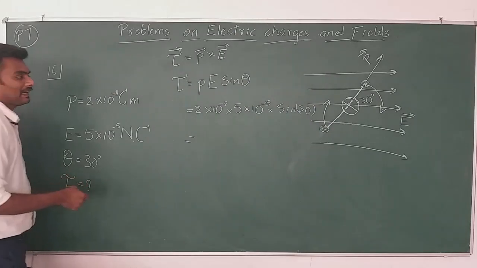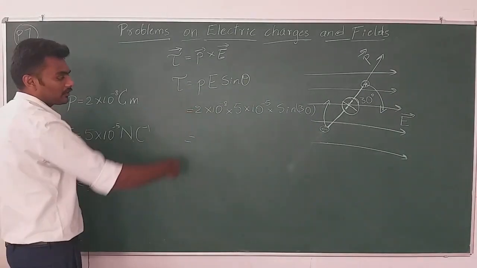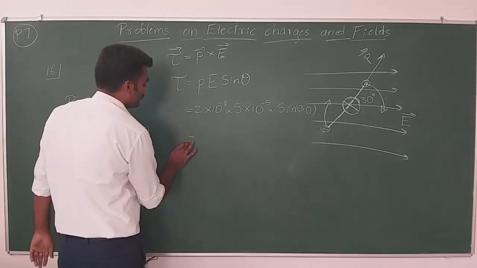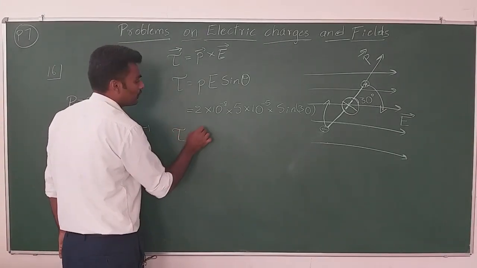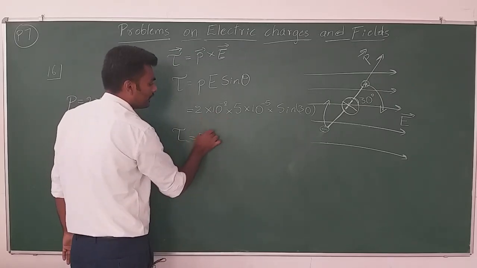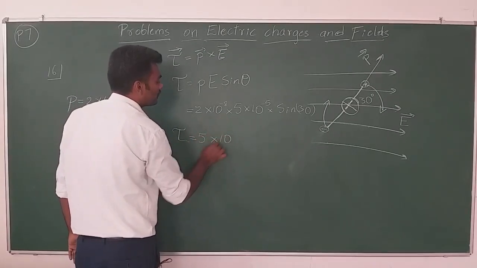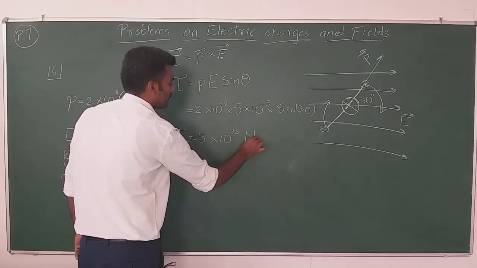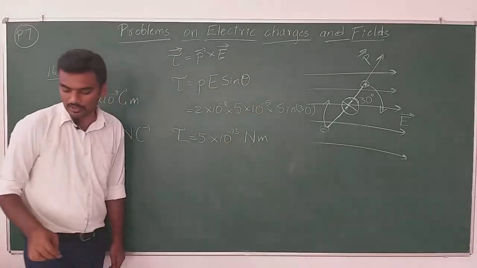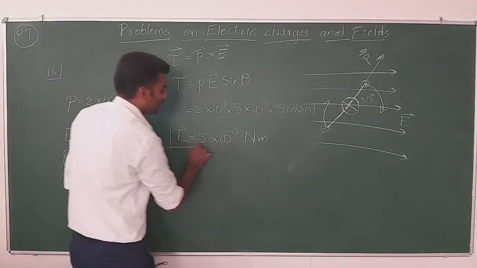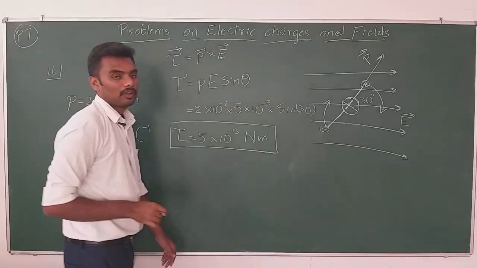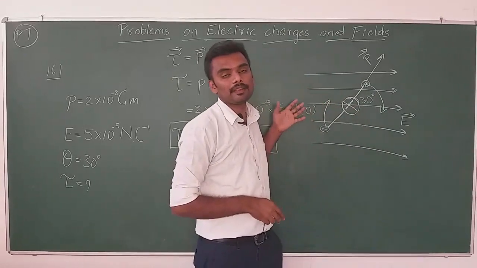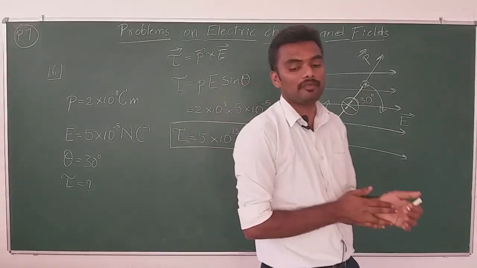Sin 30 is half, so half and this 2 will get cancelled, and after simplification we will have torque tau is equal to 5 into 10 to the power of minus 13 Newton meter. So this is the value of the amount of torque that is experienced by this electric dipole in this external electric field.